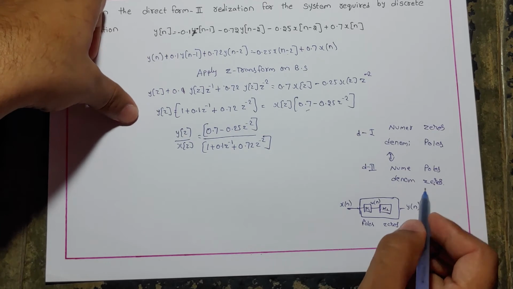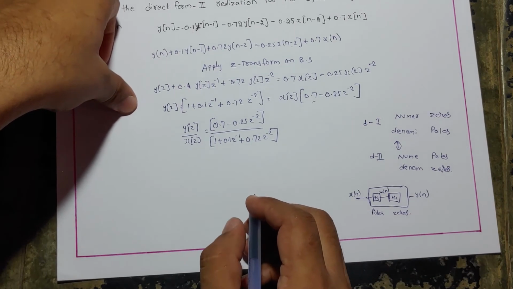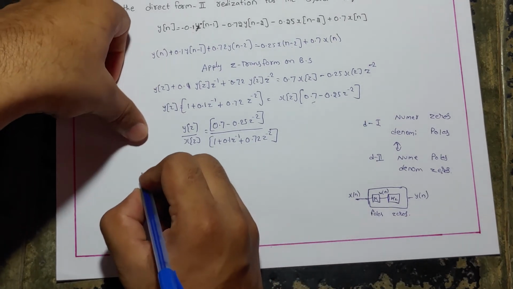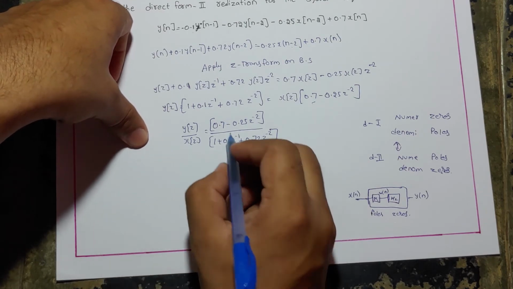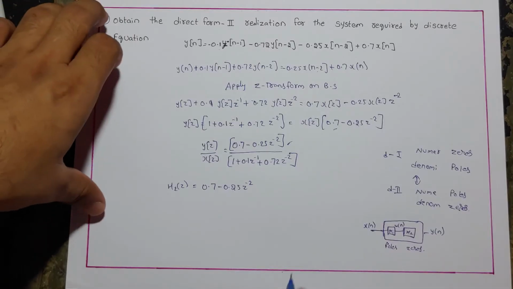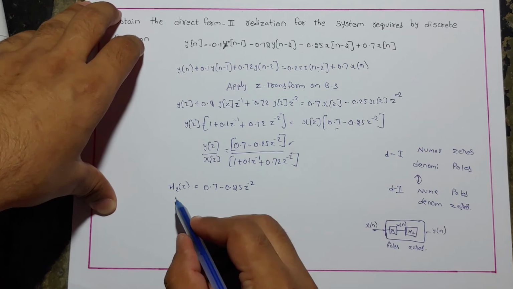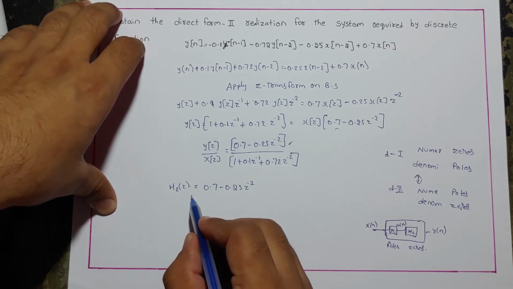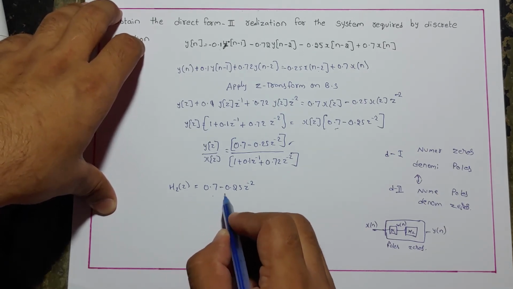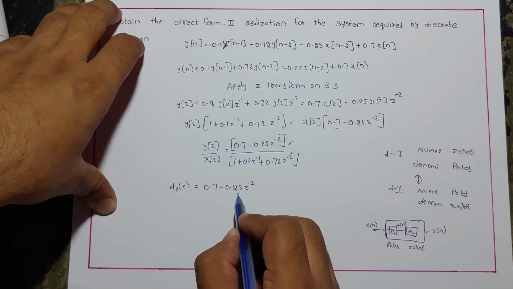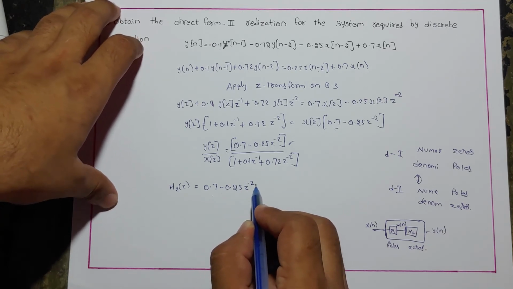First let us do the equations. That is, let us do the numerator terms, that is h2 of z is equal to 0.7 minus 0.25 into z power minus 2.